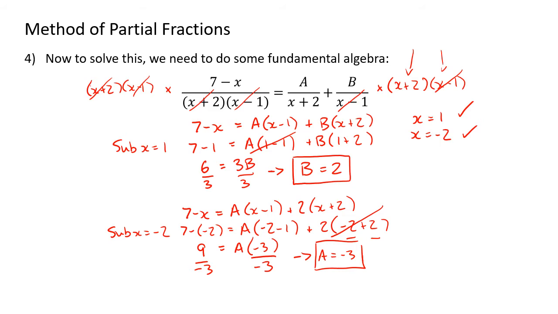Knowing those two values, we can now write the two partial fractions. If we write them, we'll get negative 3 over x plus 2 plus 2 over x minus 1. So now we know that we can substitute this in instead of this big expression in the integral.